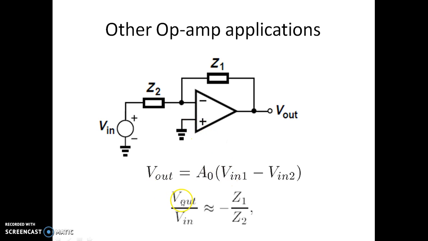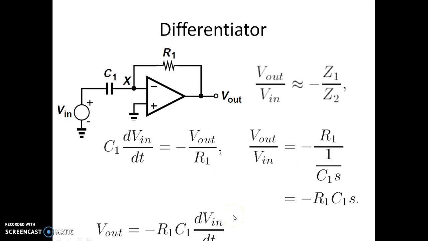Since this is 0, if we assume A0 to be infinity, the same voltage appears over here. So we can obtain the expression for V0 by Vin as minus Z1 by Z2. This was exactly equal to minus R1 by R2 in case of the inverting amplifier.